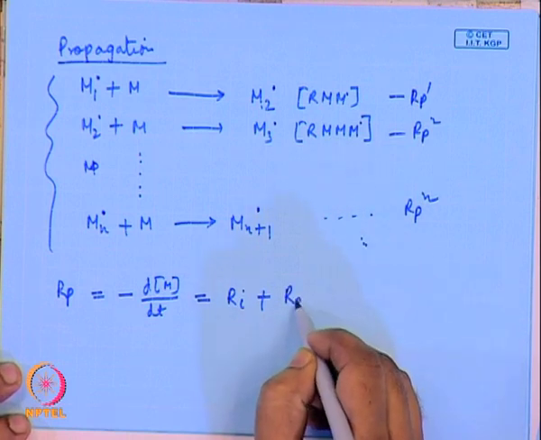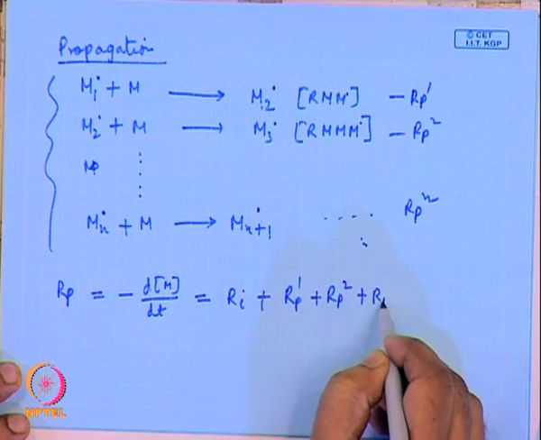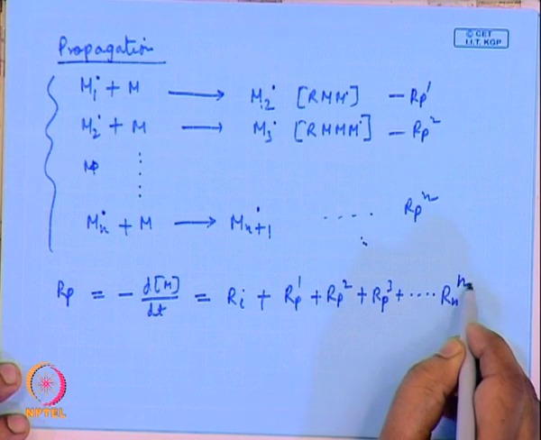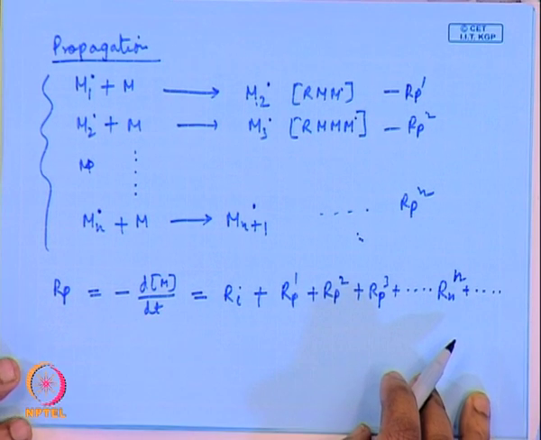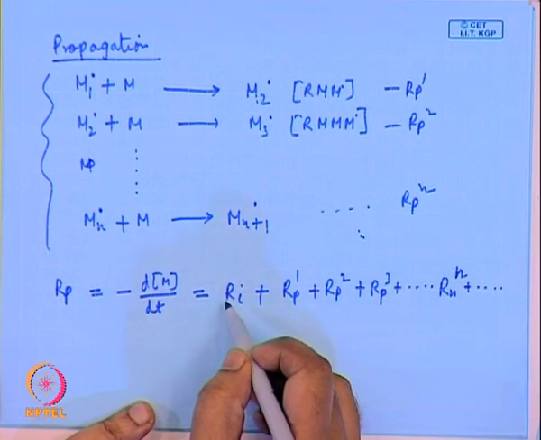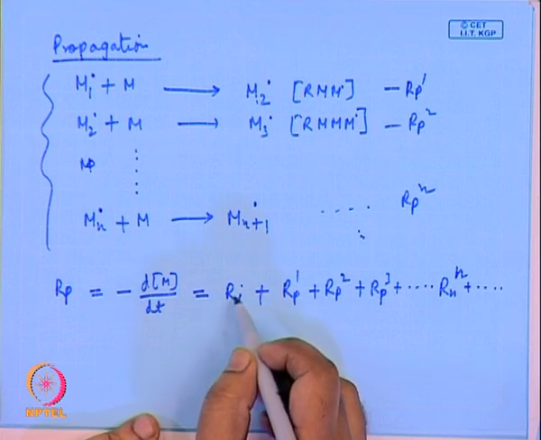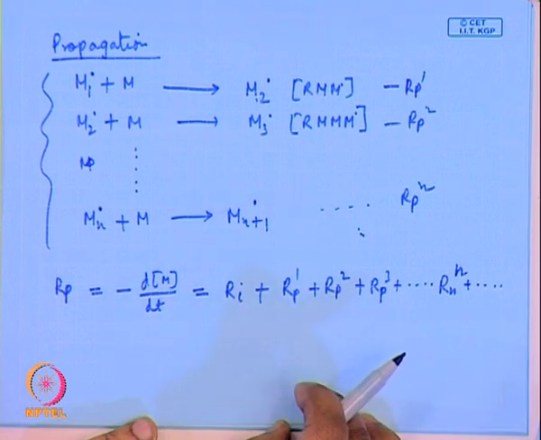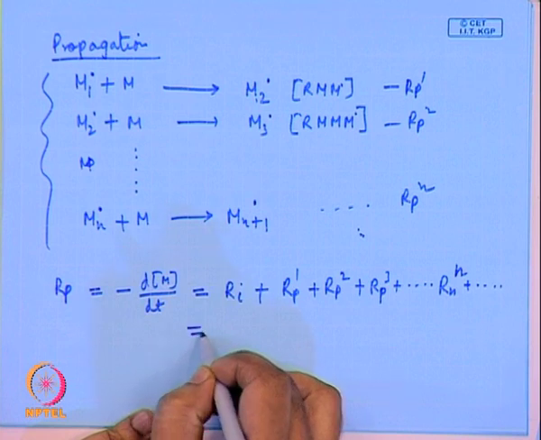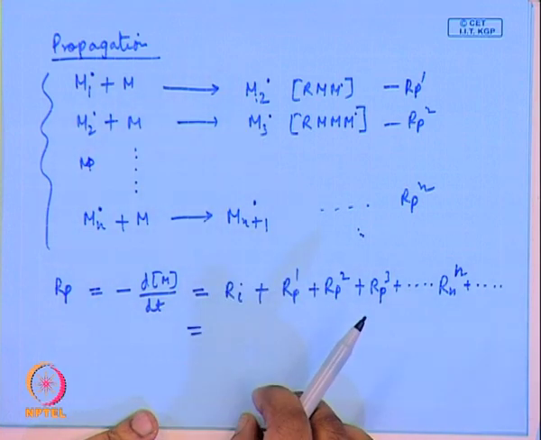So, Rp1 plus Rp2 plus Rp3 plus Rpn plus so on. Now, because a very small amount of monomer gets consumed in the initiation reaction, we can ignore this, and we can write Rp as a sum of all these propagating steps.